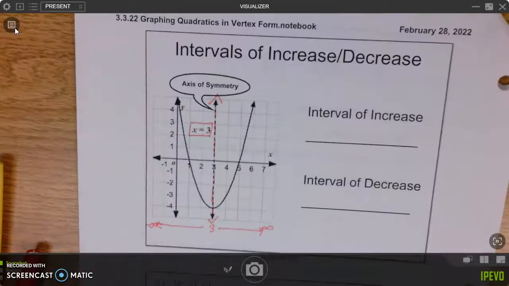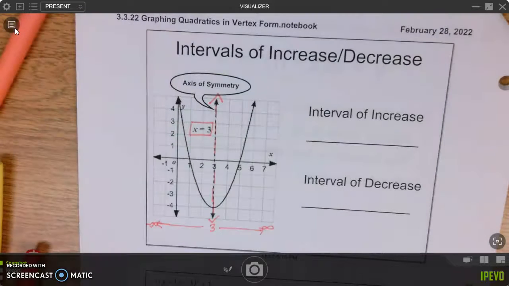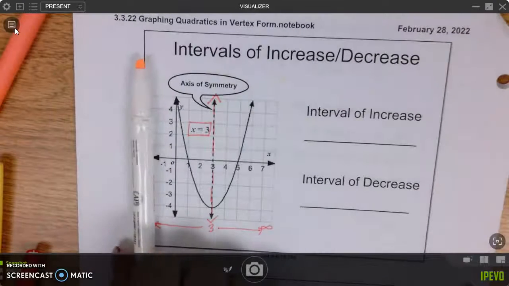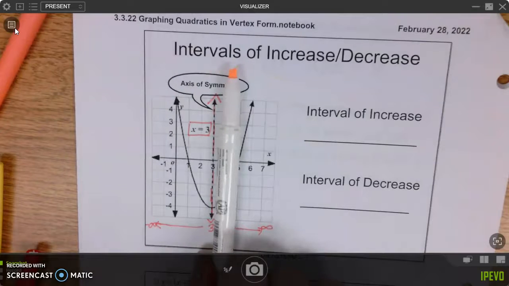Just a kind of review of what intervals of increase and decrease are. This is going to be the intervals that show where on the x-axis the graph is increasing or decreasing. Okay, so if we look here on this left side, if we're on the x-axis, we're moving along, the graph is decreasing.